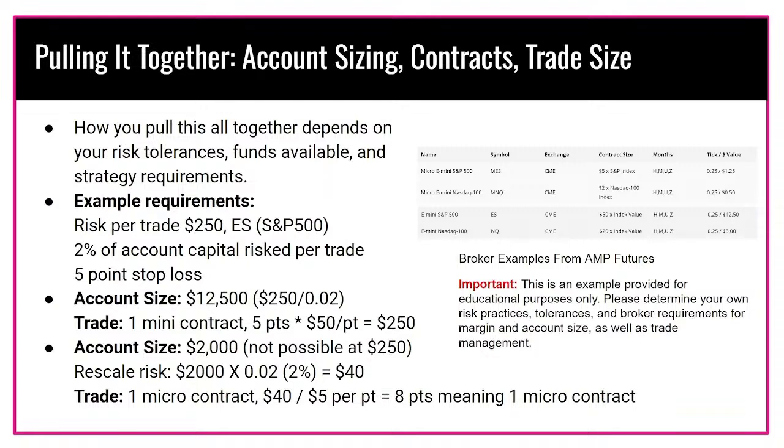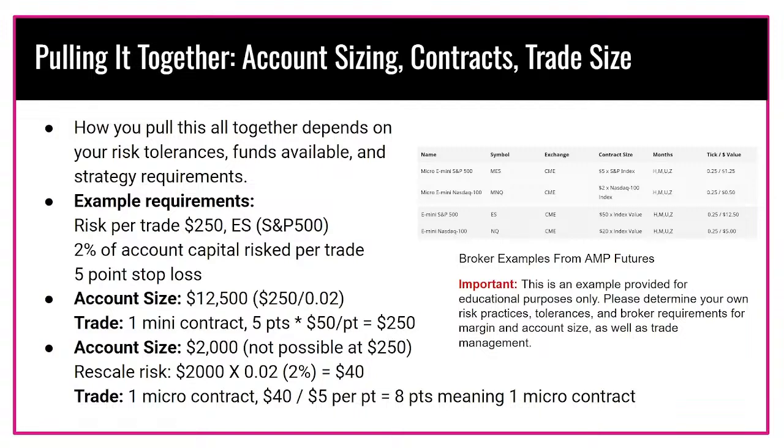If we have one micro contract and we take $40 divided by $5 per point, because remember, the micros are 1/10 of a mini, then that would tell us that we can have an 8-point stop loss, meaning one micro contract is viable for us to take that trade under the risk parameters of a $2,000 account risking 2%, giving us that $40.